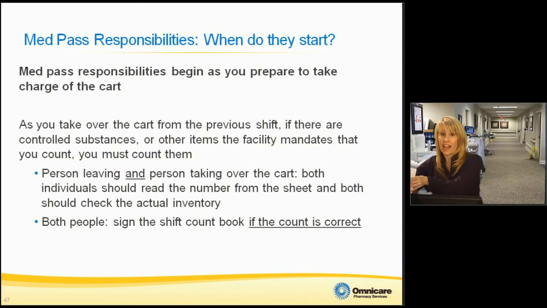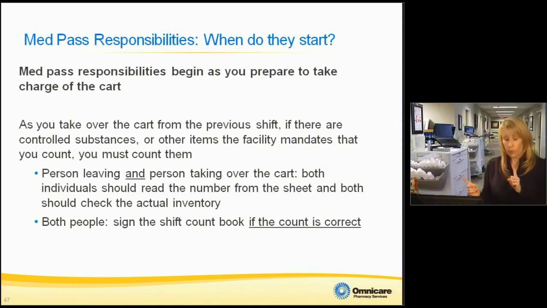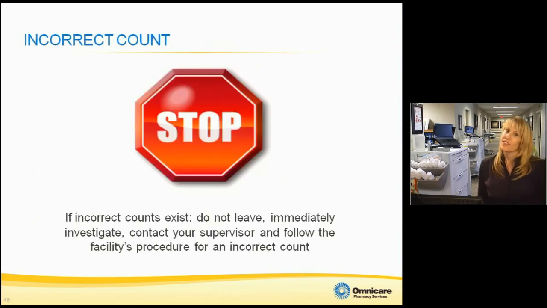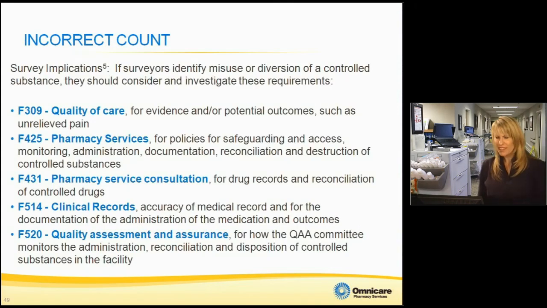You make sure that it's right. You check the actual inventory. And then both people sign the shift-to-shift count book if it's correct. If it's not correct, you've got a problem. Do not leave. If you have to go pick up your kids or your mother-in-law, you're going to need to make arrangements. Immediately investigate, contact your supervisor, follow the facility's procedure for an incorrect count, and resolve it.